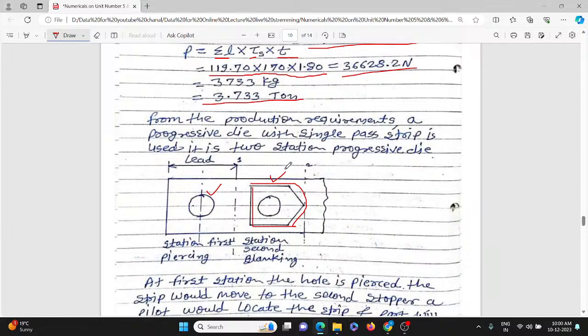In the same way here also, in the first station punching will be done, this particular hole will be produced and will be useful, and in the second station the blanking operation will be completed. Whatever blank is cut, that blank will be useful there. So I think you have got this, very simple.